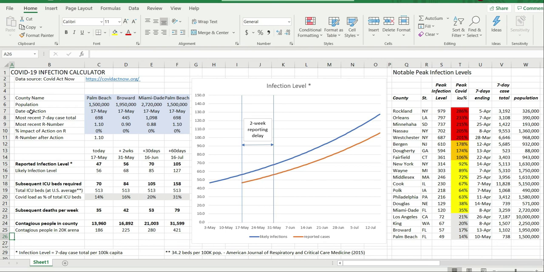Recommendation to policymakers and really everyone, use this tool to understand your county's numbers, the infection level and the R number, the transmission rate. Both of those are available from COVID Act Now. You can then use those numbers to project out where infection level might go, and then it can help you to determine how ambitious you want to be in your reopening plans.